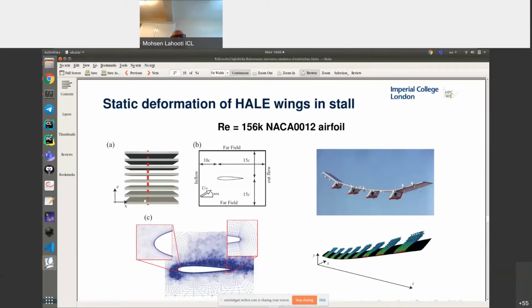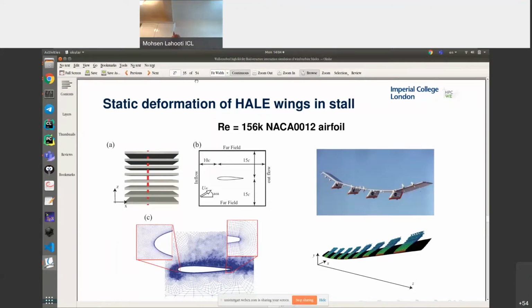We use 8 strips evenly distributed over the span of the wing. You can see the boundary condition and the location of the wing in the domain, as well as a zoomed view of the mesh near the airfoil.